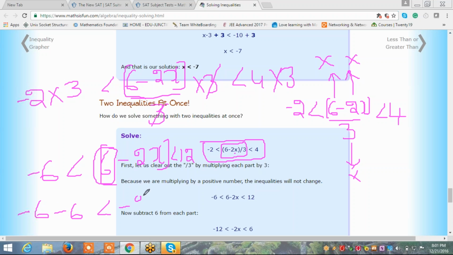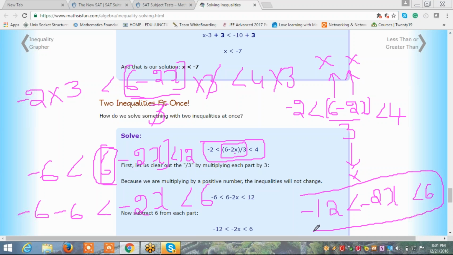If I remove that, it will be only -2x available. 12 minus 6 is 6. So I'm going to get -12 less than -2x less than 6.